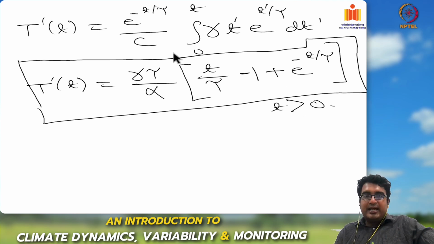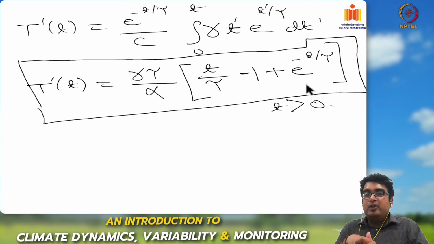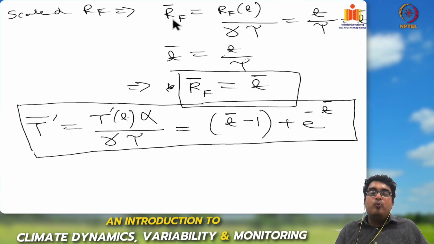Okay. In this expression we are getting 3 individual terms. But we can again simplify this by non-dimensionalizing. So we create a non-dimensional radiative forcing term, RF(t) by gamma tau. Remember here RF(t) itself is gamma t.